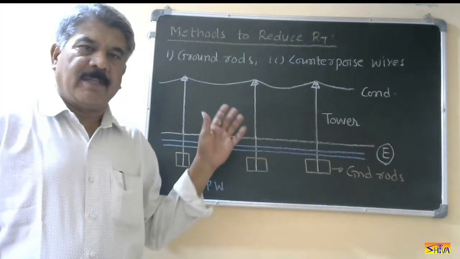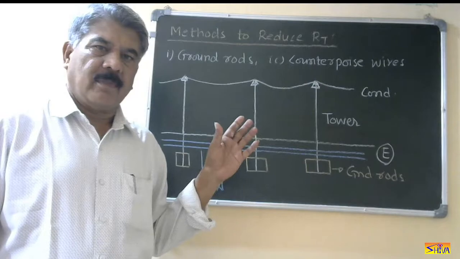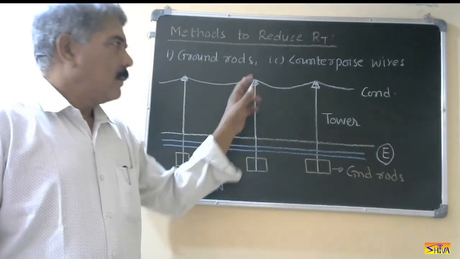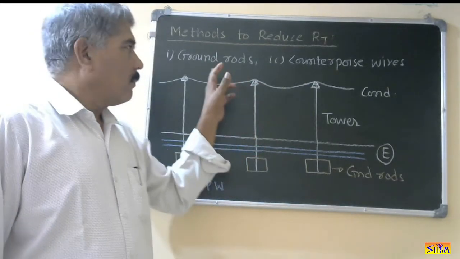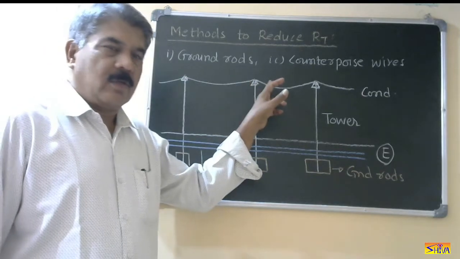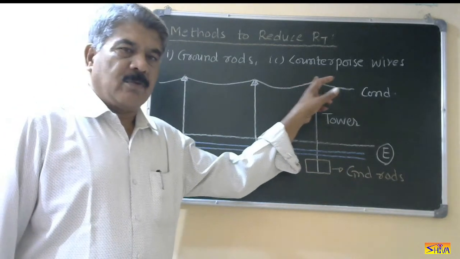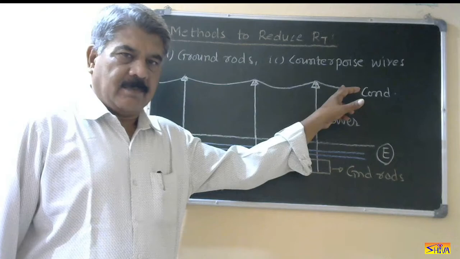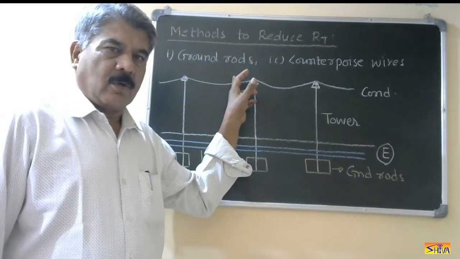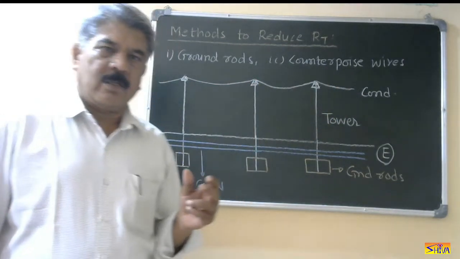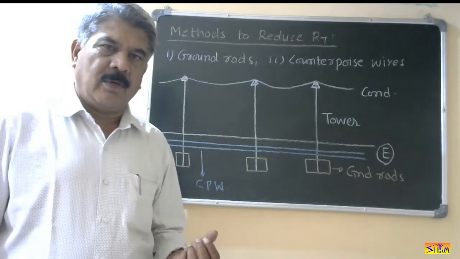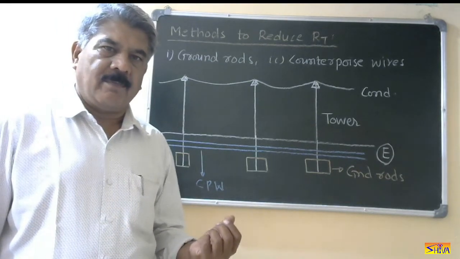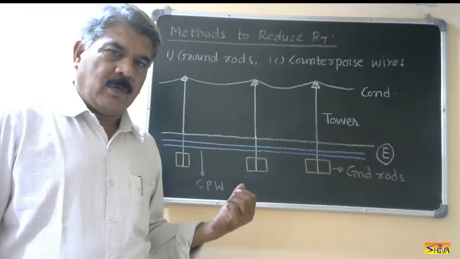Now let us see the methods to reduce the tower footing resistance. There are two methods. One is by using the ground rods and second is by using the counterpoise wires. First, ground rods. These are the rods buried in the ground and connected to the tower below the ground.